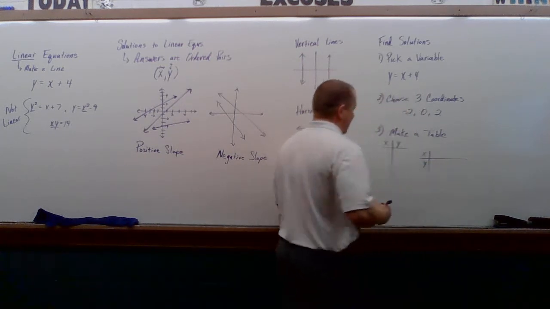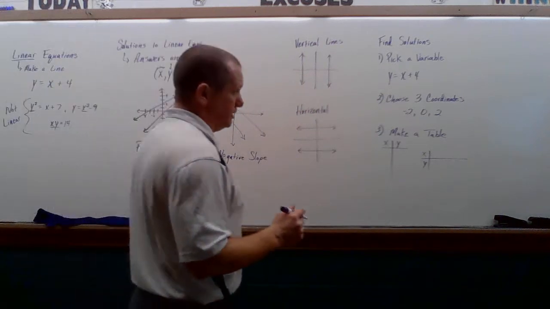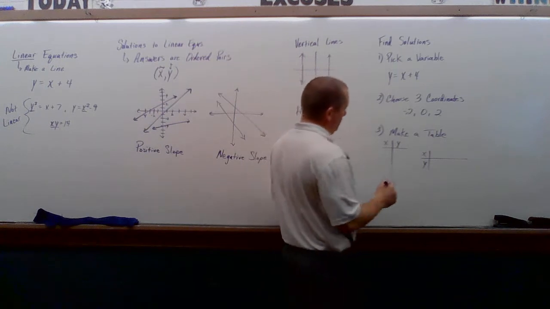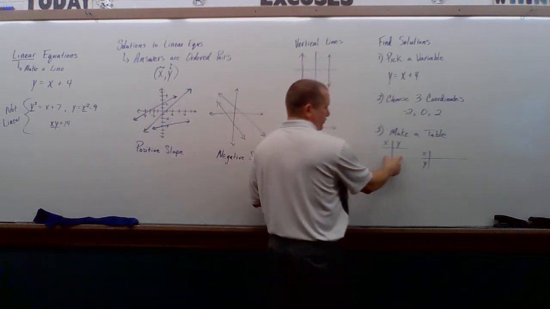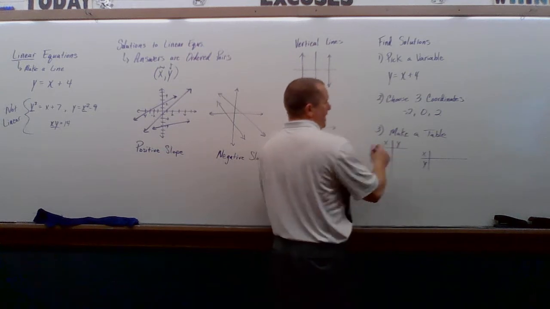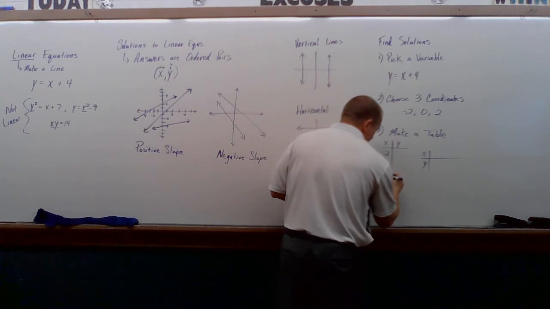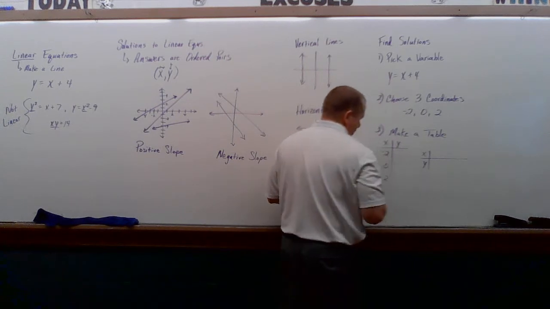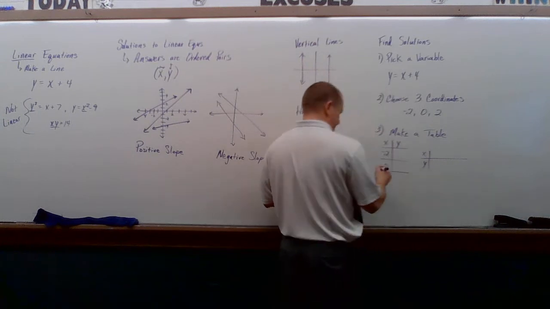All right, so if I get one of those 2 tables, it's going to look something like this. And again, totally up to you how you like it. Again, we kind of talked about this yesterday. I would probably choose this vertical style because when I put my 3 numbers in, I picked 0, -2, and 2. And I start making this table.